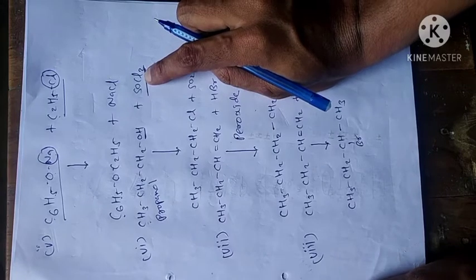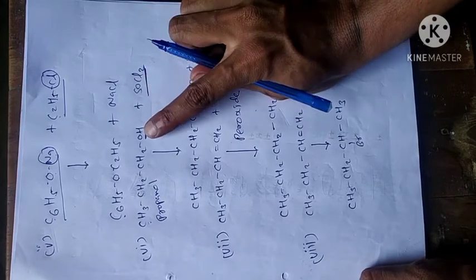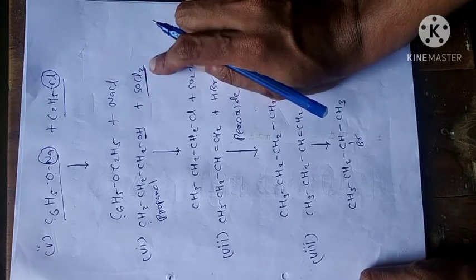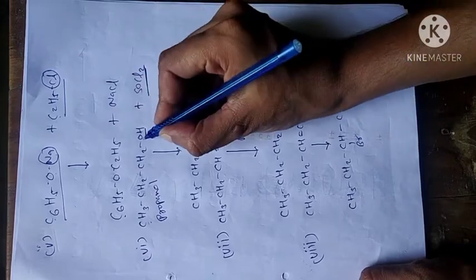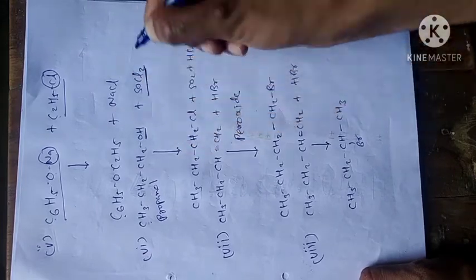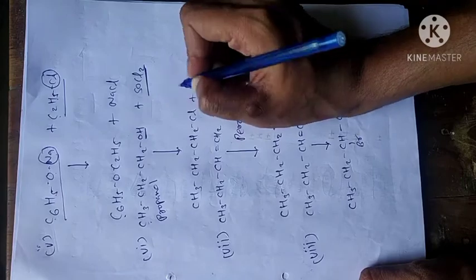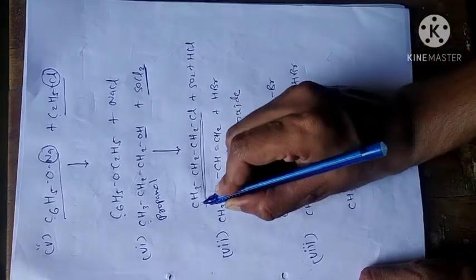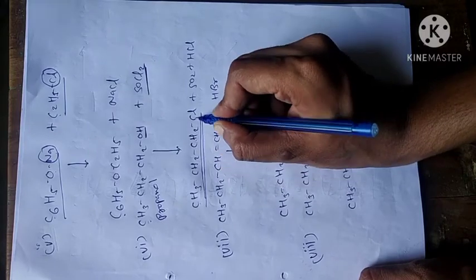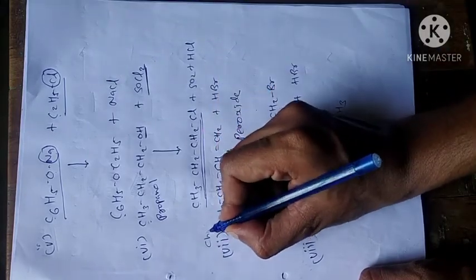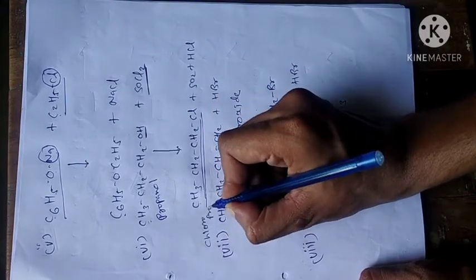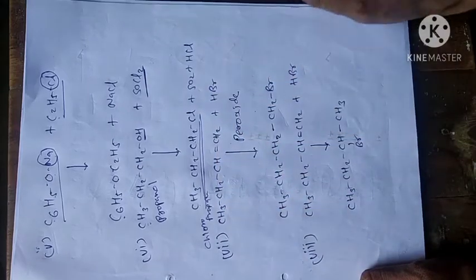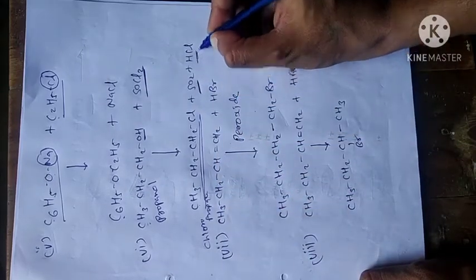This reagent is used for converting alcohol into chloride. So what will you do? Just remove this OH and instead of OH write down Cl. So you get this product, CH3CH2CH2Cl, chloropropane. That is our product. Byproduct will be sulfur dioxide and HCl.